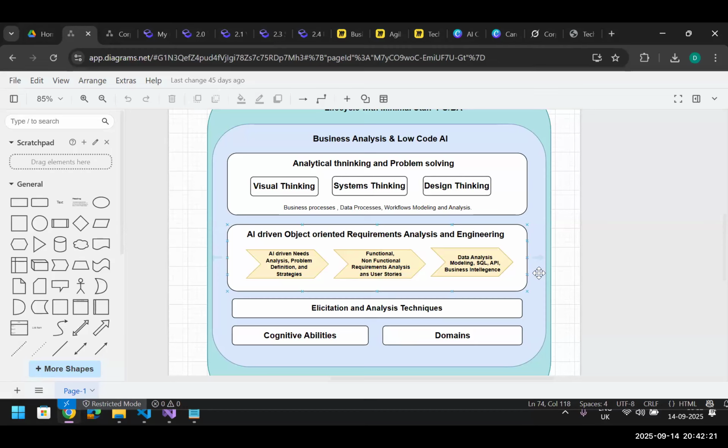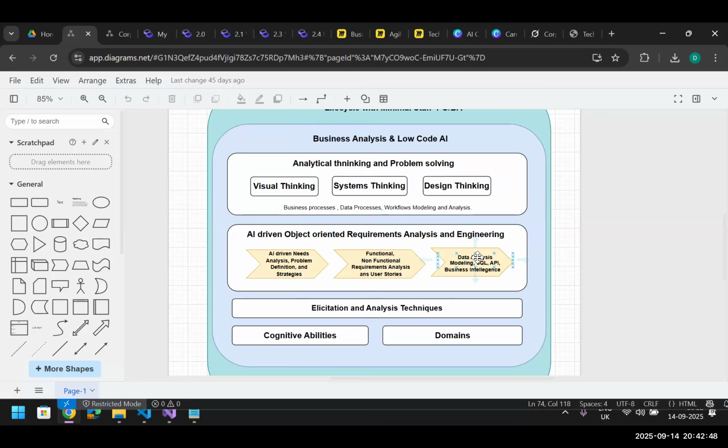So as a business analyst, we should understand what problem we are solving and what the functionality is, meaning requirements like user stories. Maybe we write technical user stories or functional user stories, based on which the engineering team is going to build the technology, like applications.